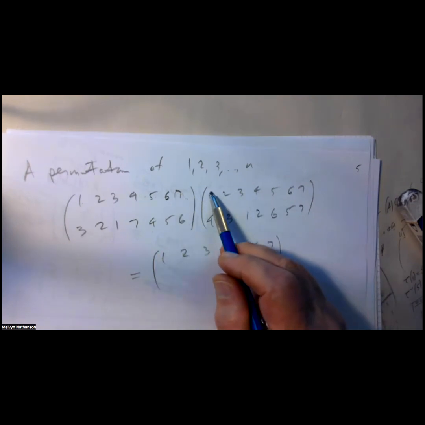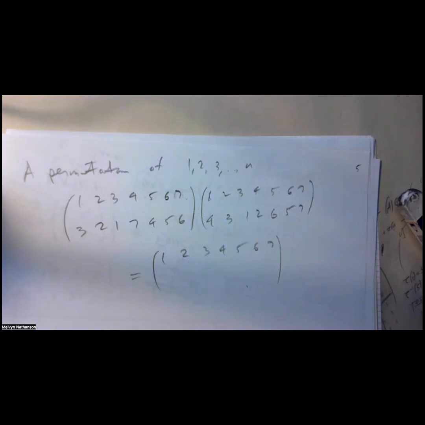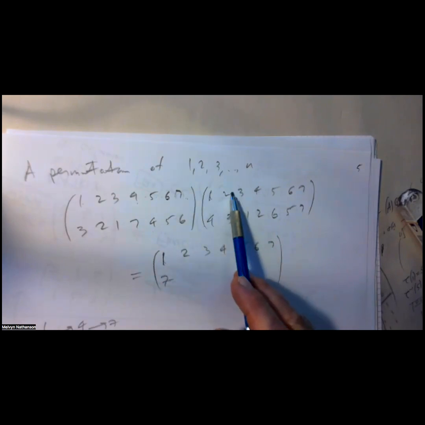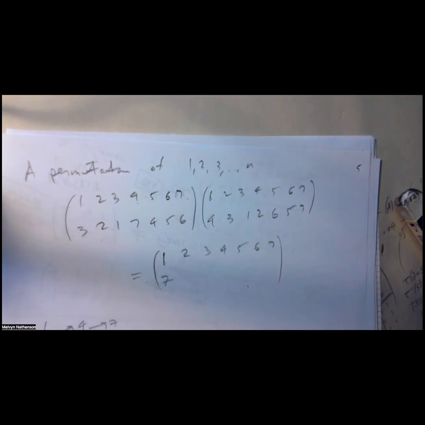And you can trace it out as follows. If you look at this, 1 goes to 4, and 4 goes to 7. So 1 goes to 7. 2 on the right goes to 3, and then 3 gets sent to 1.